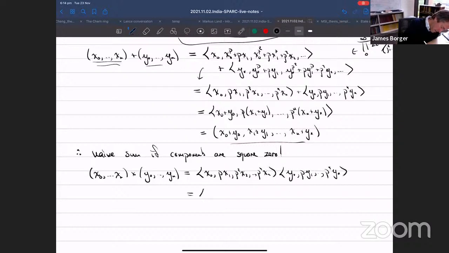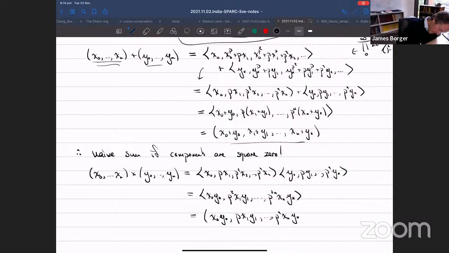We multiply them together: x0 y0, but now p squared x1 y1, and so on up to p to the 2n xn yn. But now this is just the image under the ghost map of x0 y0, p x1 y1, and so on to p to the n xn yn.